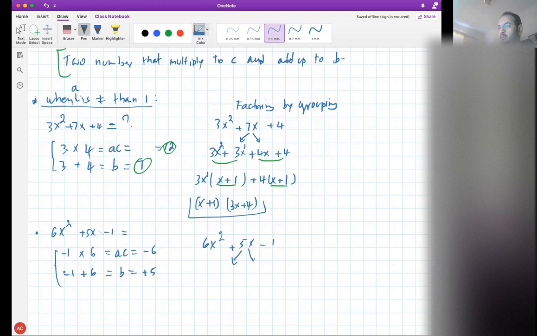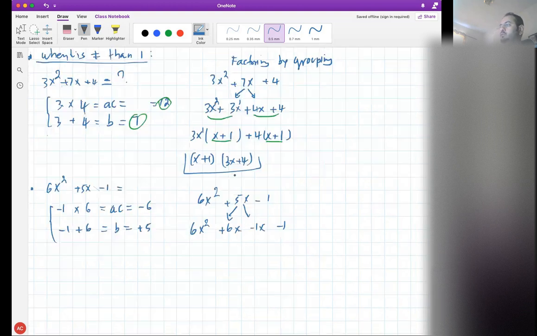That's right. So we split it based on 6 and -1. So 5x is basically +6x and -1x. It's still equal. All we did was turn this into two terms. Bring the -1x down. Now we can use grouping.